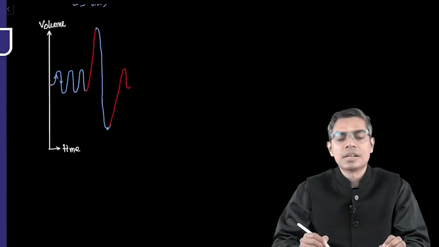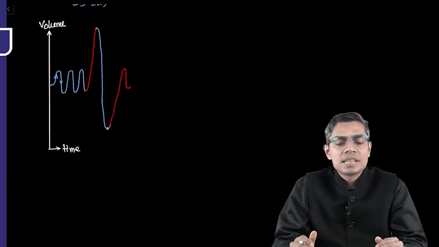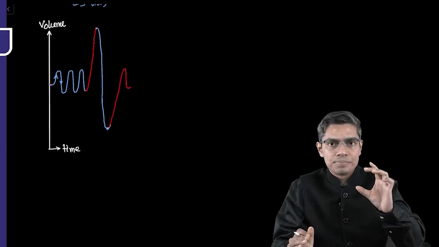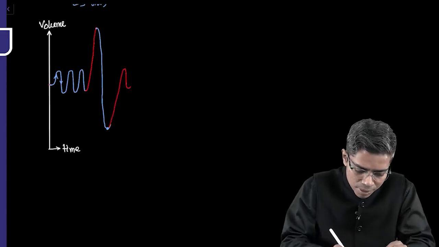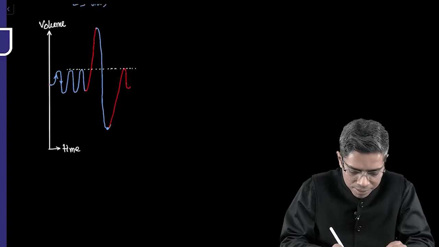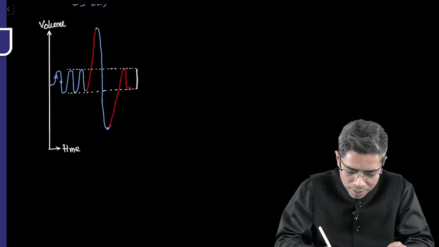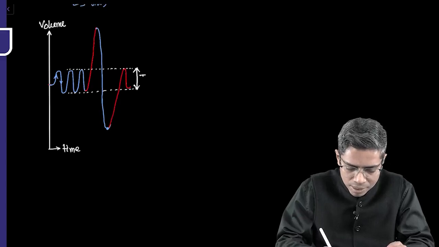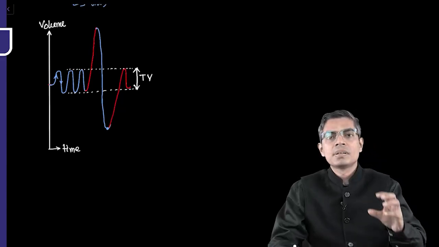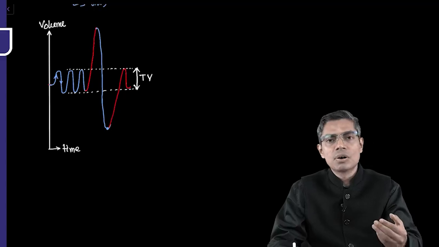Then you ask the subject to come back to the normal maneuver and end the recording. Now in this recording, when the subject is taking normal breaths in or out, he is using a certain amount of volume. If I want to measure that volume, I have to take the upper part and the bottom part of this recording during normal breathing. This volume is nothing but the tidal volume. Tidal volume is the normal volume entering your lung or going out of your lung during normal breathing.